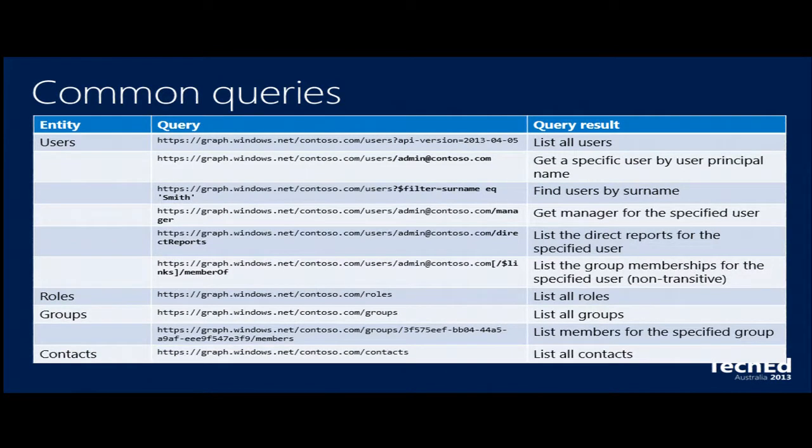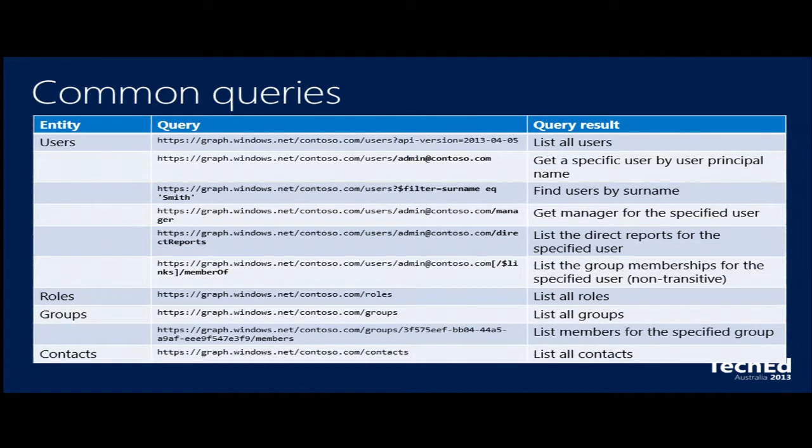Here are some common queries in their RESTful syntax. Microsoft provides a free download that is a managed SDK that wraps these RESTful APIs or RESTful operations. This is just a small list. The MSDN documentation has a good, complete reference guide to all the operations or queries you can perform against the Graph API.